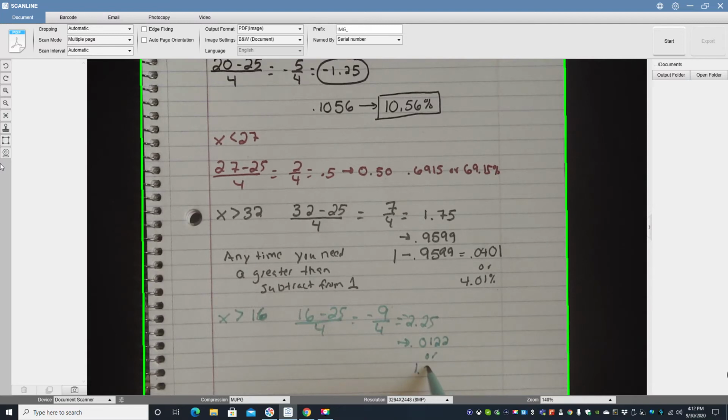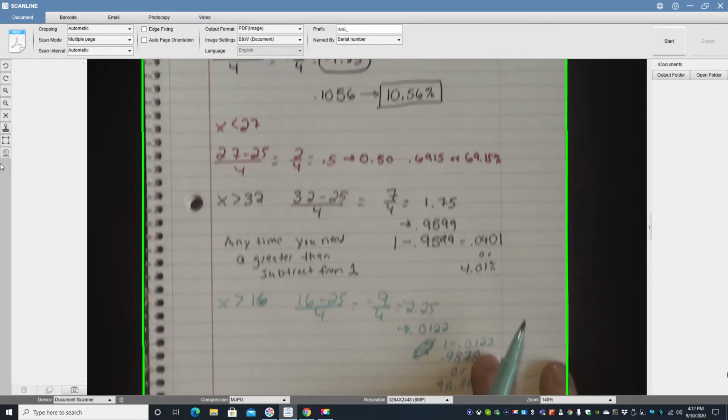But I want greater than, so I'm going to do 1 minus 0.0122, which is 0.9878 or 98.78%.